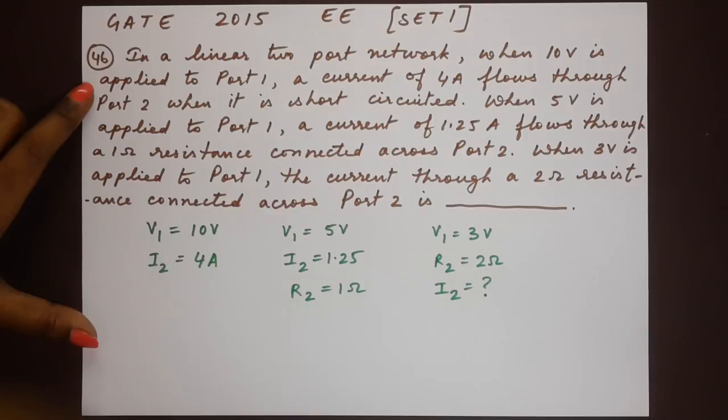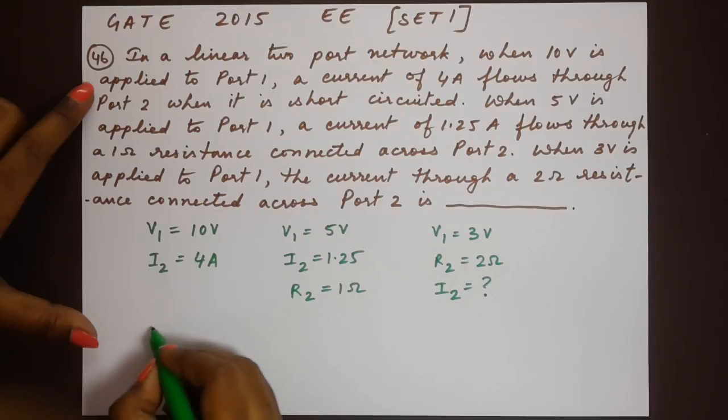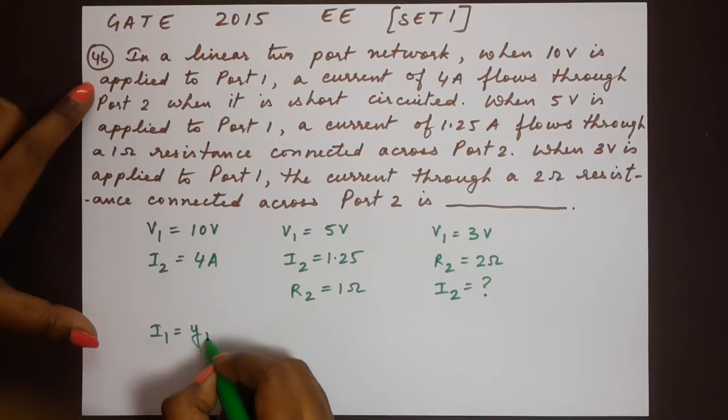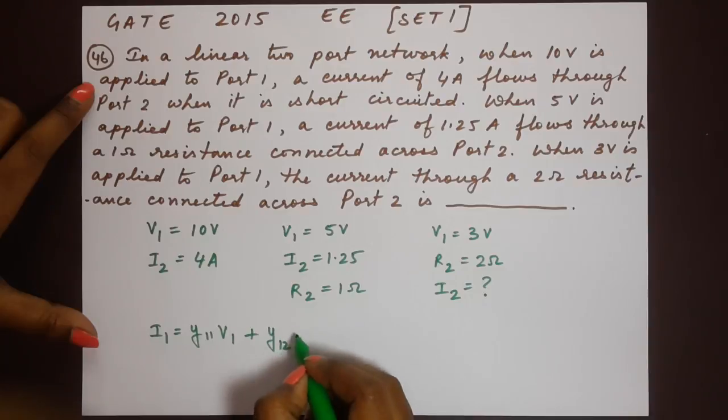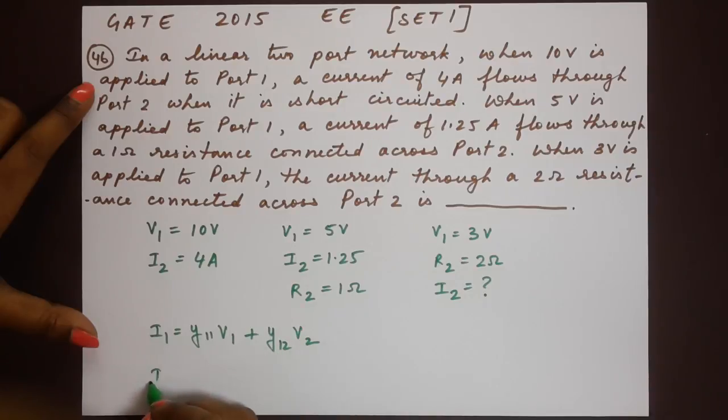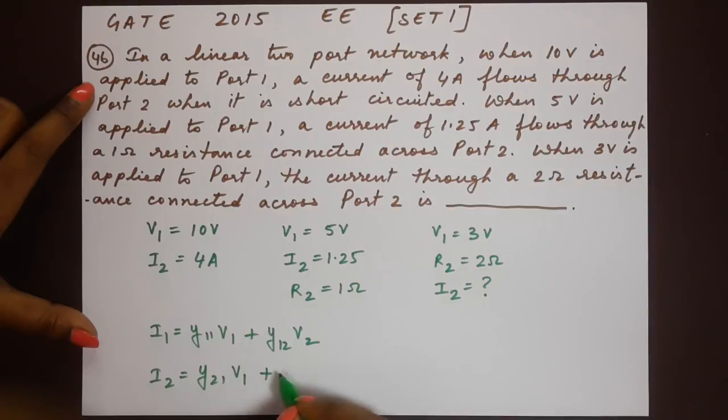Now you know what are the general two-port network equations in terms of current and voltages. So we have I1 is equal to Y11 V1 plus Y12 V2 and we have I2 is equal to Y21 V1 plus Y22 V2.